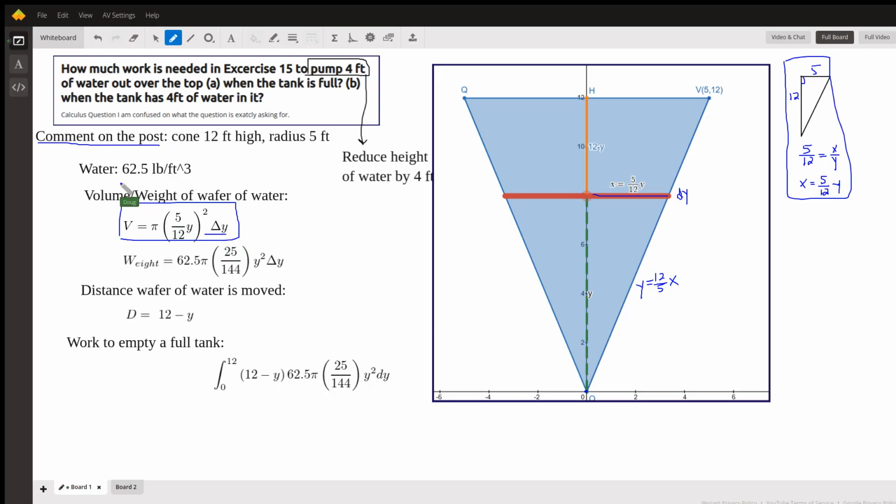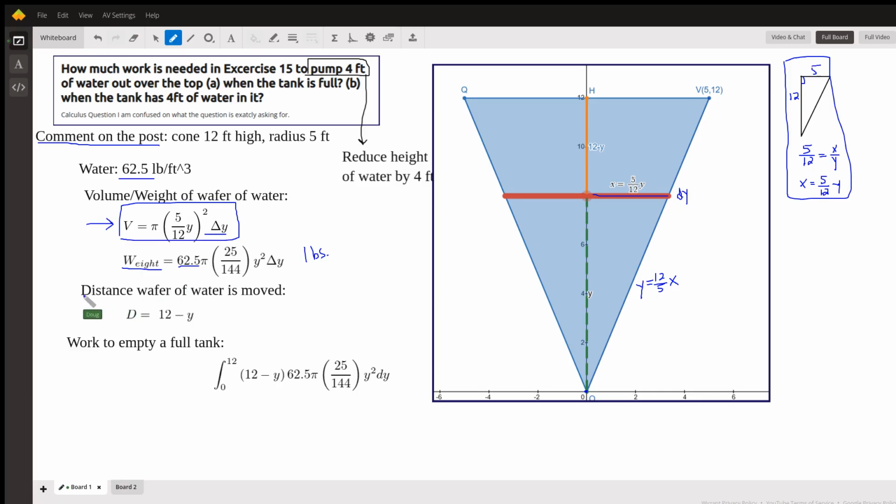You need to know that the weight of water is about 62.5 pounds per cubic foot. This volume is in cubic feet, so the weight of that wafer of water is the volume times 62.5, and that'll be pounds, because the cubic feet cancel out.